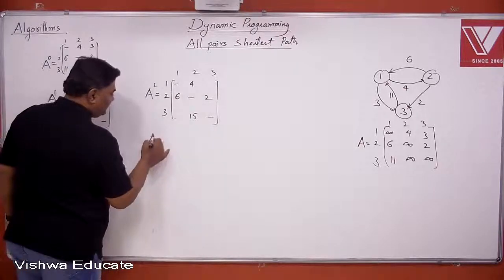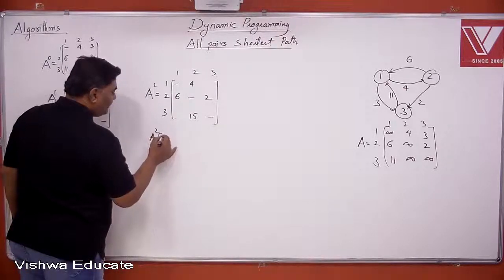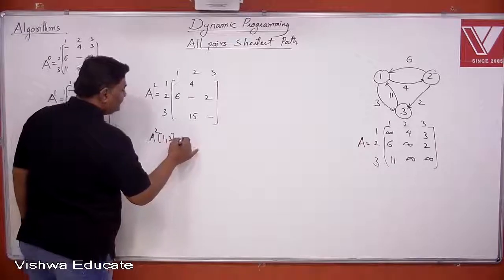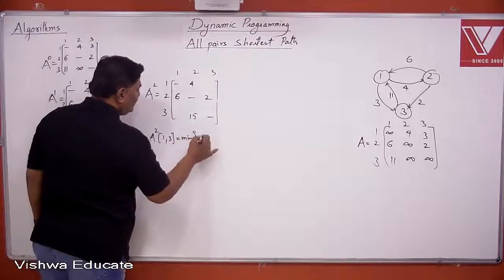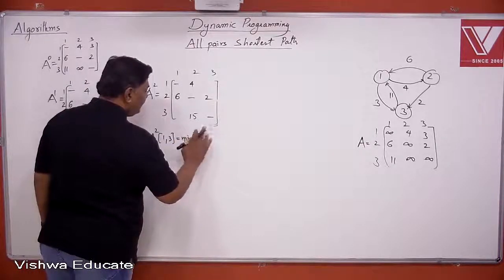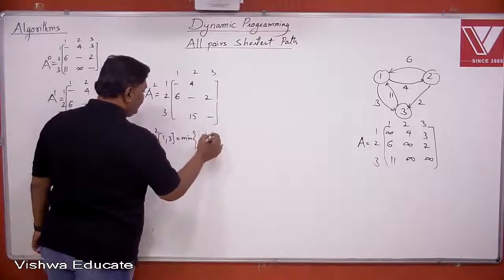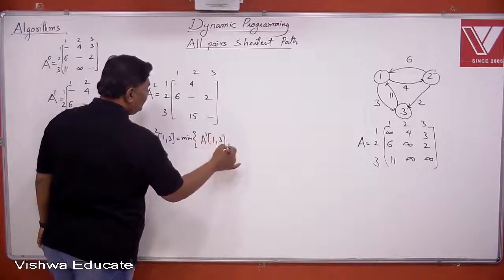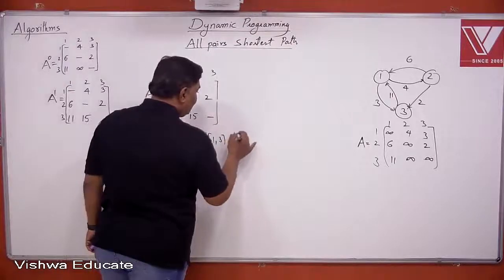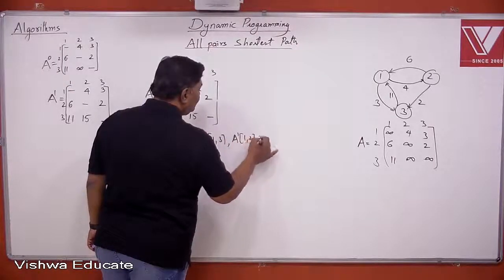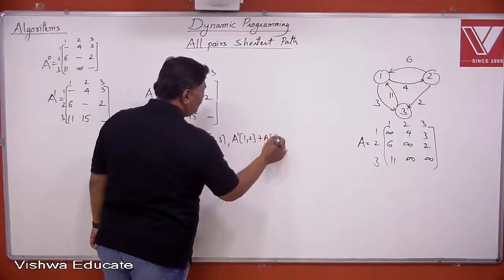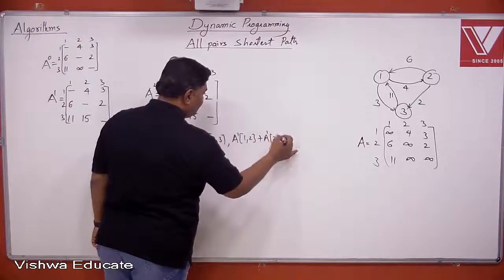A2 of 1, 3 is the minimum of A1 of 1 to 3, from the previous matrix I have to take, or A1 of 1 to 2 plus A1 of 2 to 3.